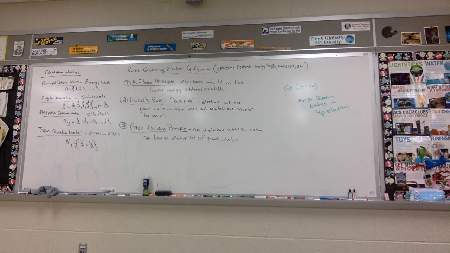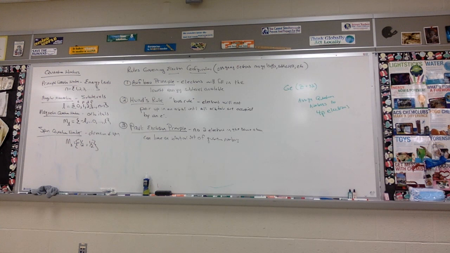So what did we say? If they're in the same orbital, normally they repel each other, but what do they do so they don't repel each other? They spin in opposite directions, right? So if they're in the same energy level, same sublevel, and same orbital, they'd have to spin opposite directions because that opposite spin is what gives the magnetic attraction to counteract the electrical repulsion.